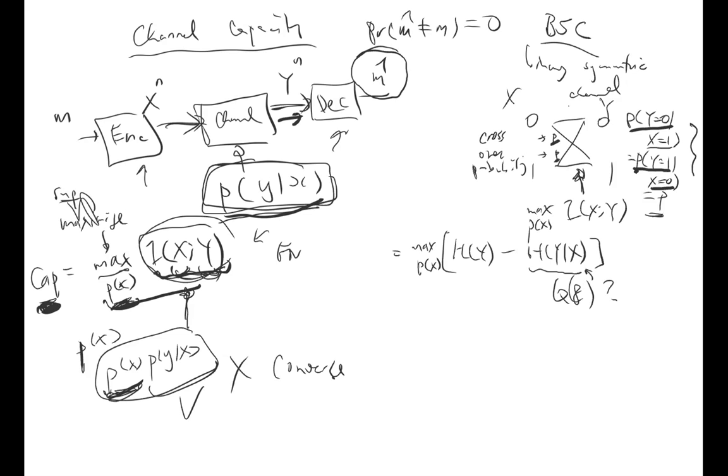Given this, the other probability is also known, right? The other ones are 1 minus p and 1 minus p. So in terms of p, what is this? It's a good guess, but not quite right.